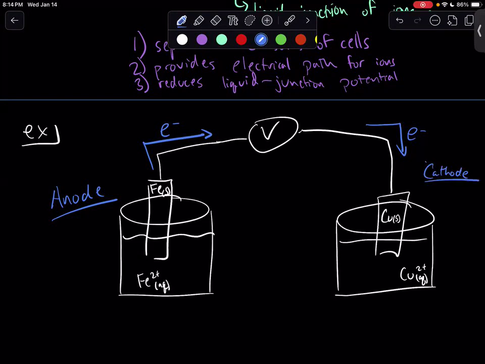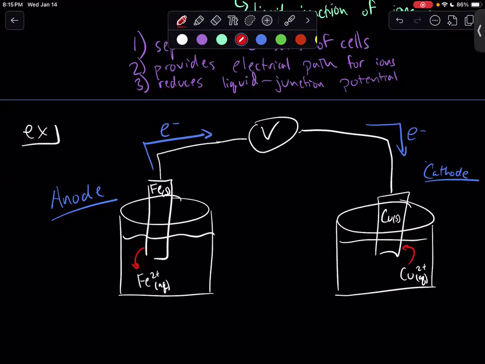As electrons are leaving, the iron will leave the solid state and become aqueous as we are removing electrons. And consequently, the copper, as electrons are being added, will be attracted to the negative charge buildup and form into the lattice of the metallic bond that is the copper electrode.